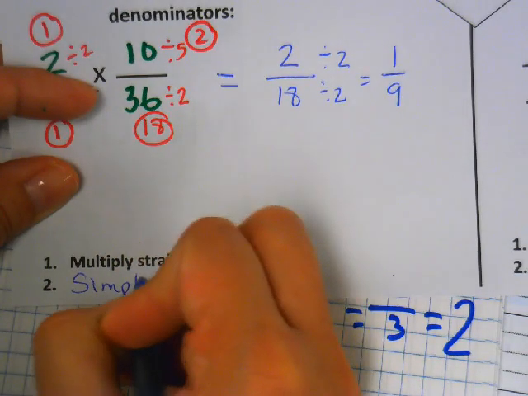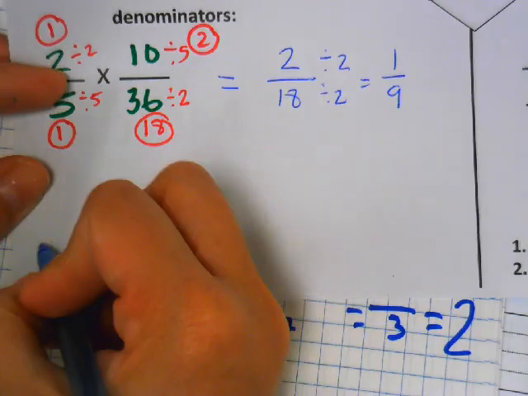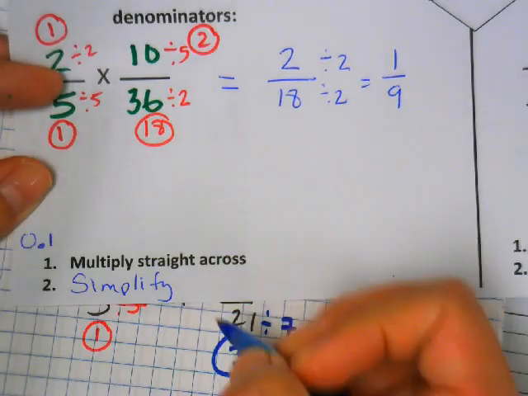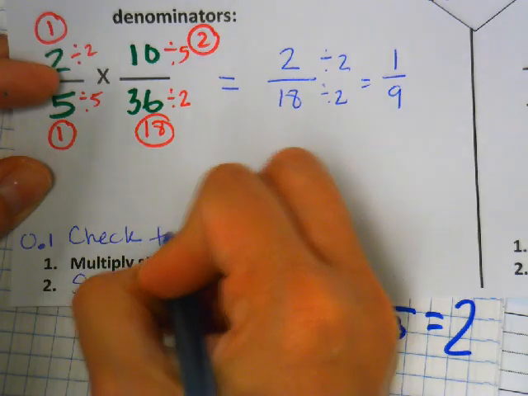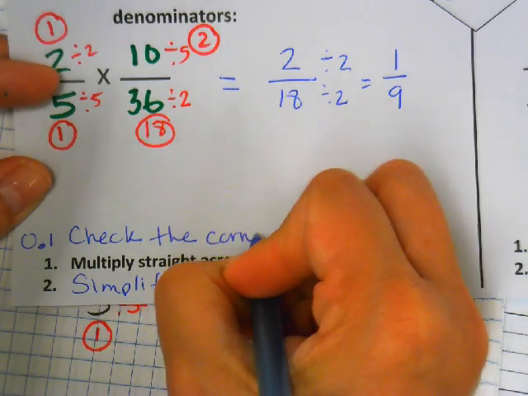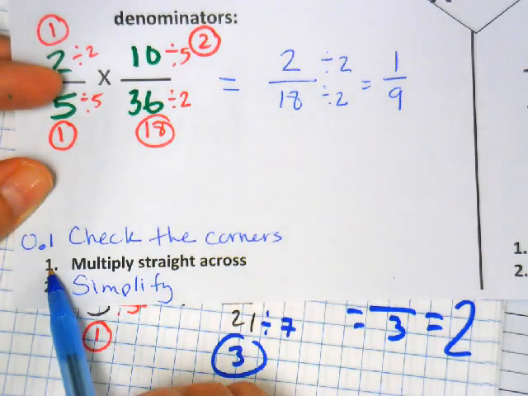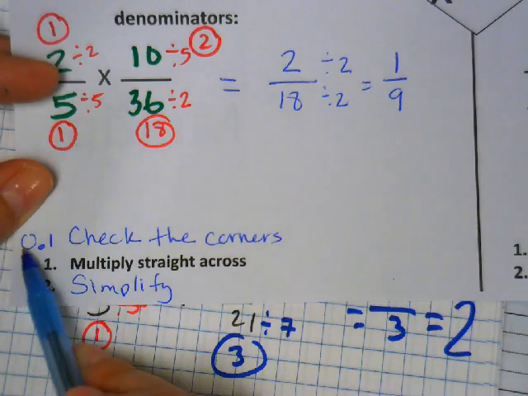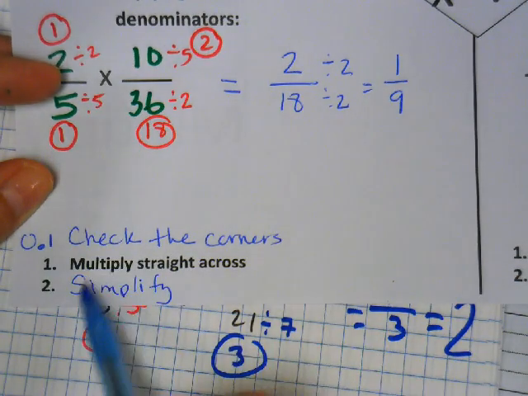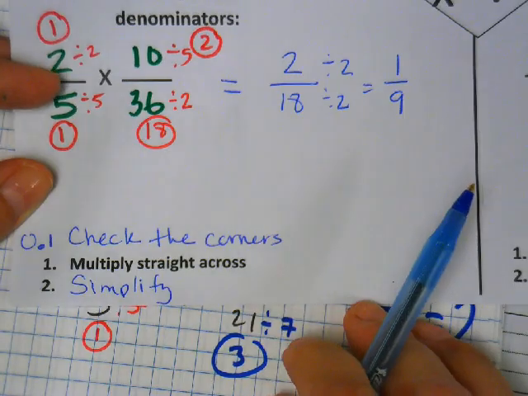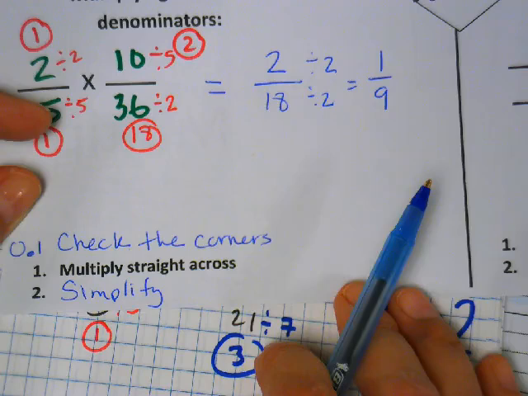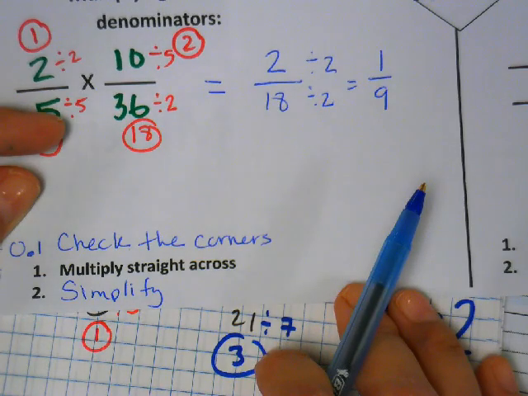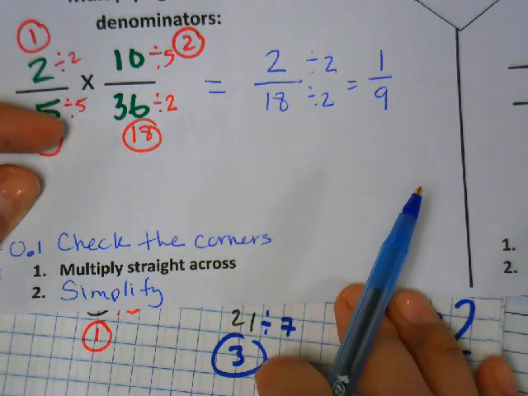Actually, I have to change this. Step 0 would be check the corners. Because you always want to make sure if you don't have to deal with big numbers, don't.